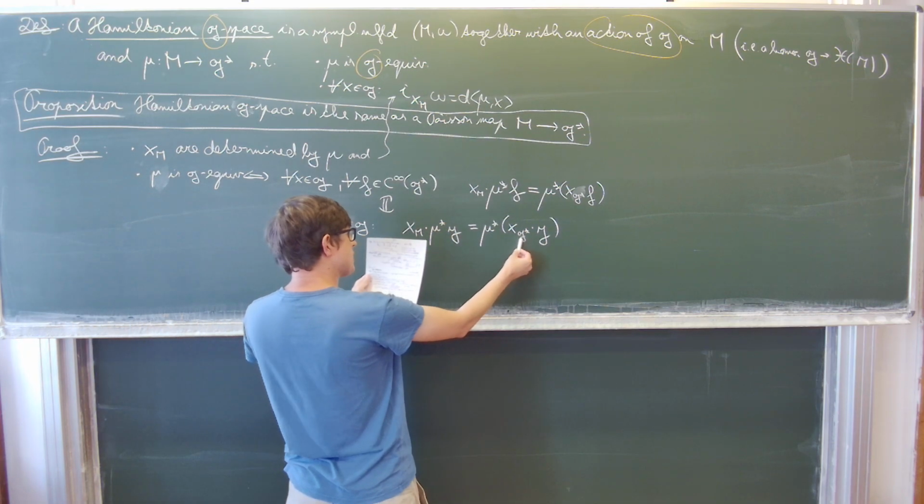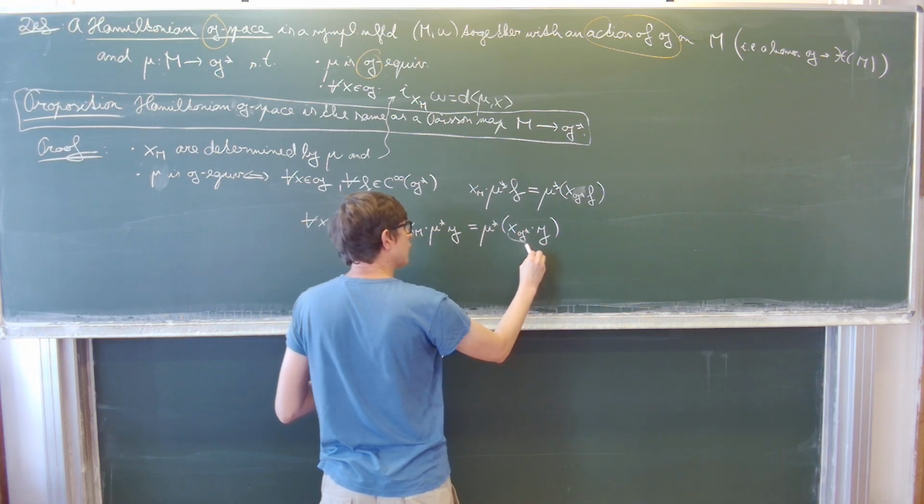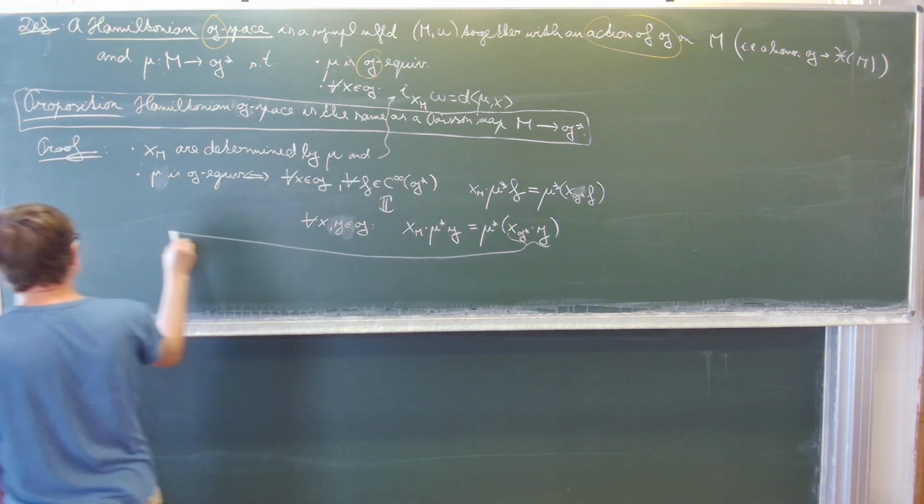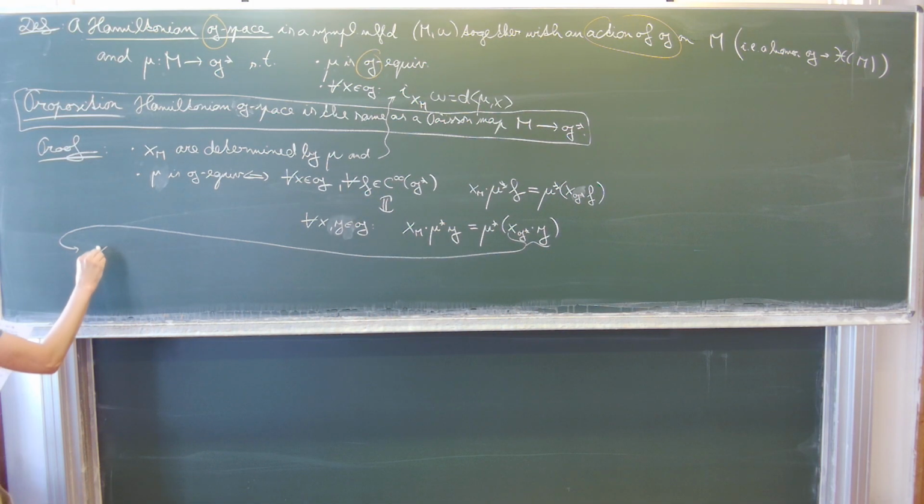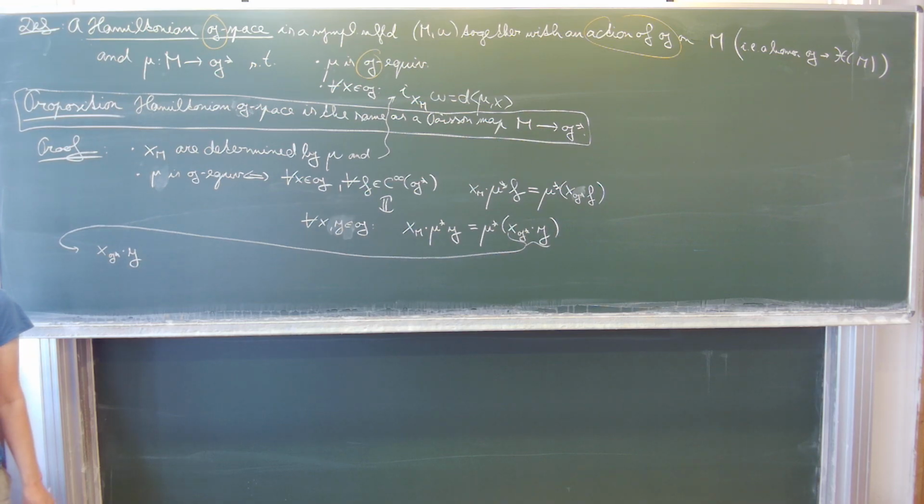Okay. For instance, what is this thing in here? What is the action of this fundamental vector field on G star? How does this thing act on a linear function? Is that question clear? I mean, there are many symbols that are playing various roles.